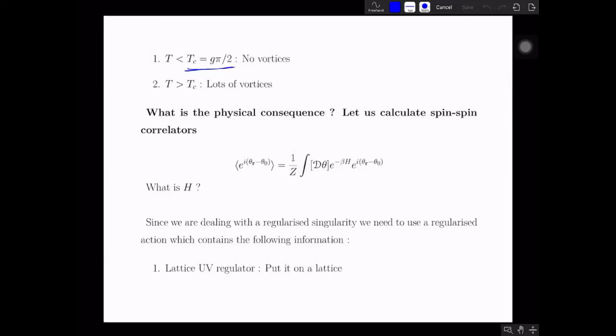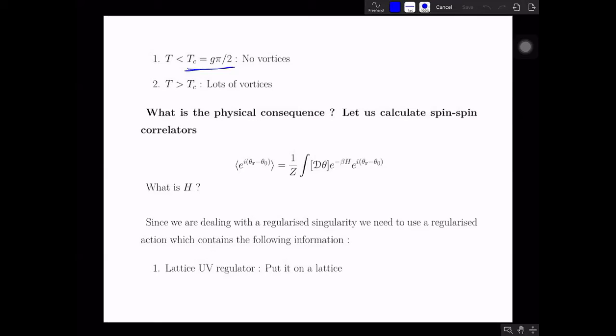And then I would measure the properties of the system above Tc and below Tc and try to contrast them, to see how they change. And then I can make a conclusion as to how the vortex affects those physical properties. So this is the thing that I want to do.